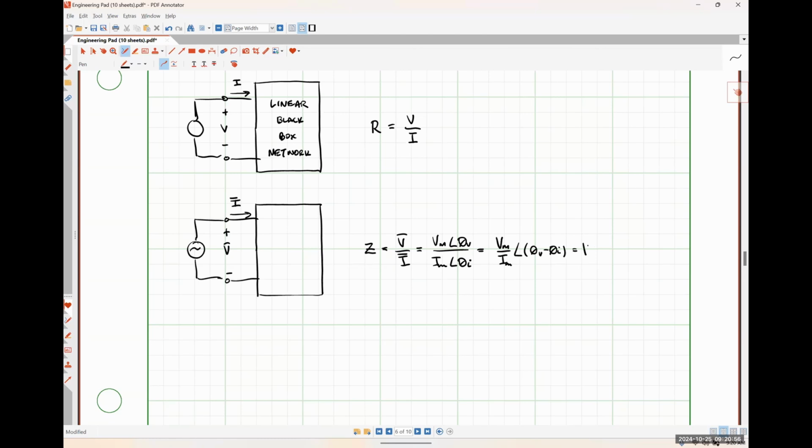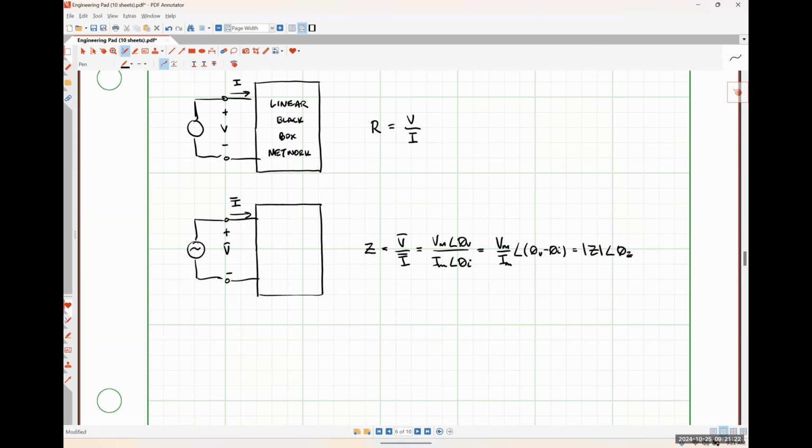So this is the magnitude of our impedance and the angle of our impedance. The angle of the impedance is just theta V minus theta I, and that is another thing that's going to crop up over and over again. So there's our polar form, and I think it's a little bit boring, but we do use it.